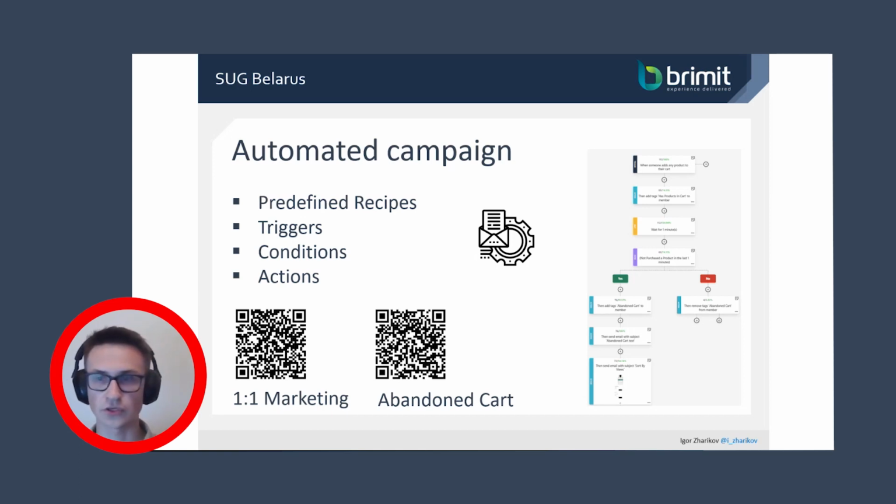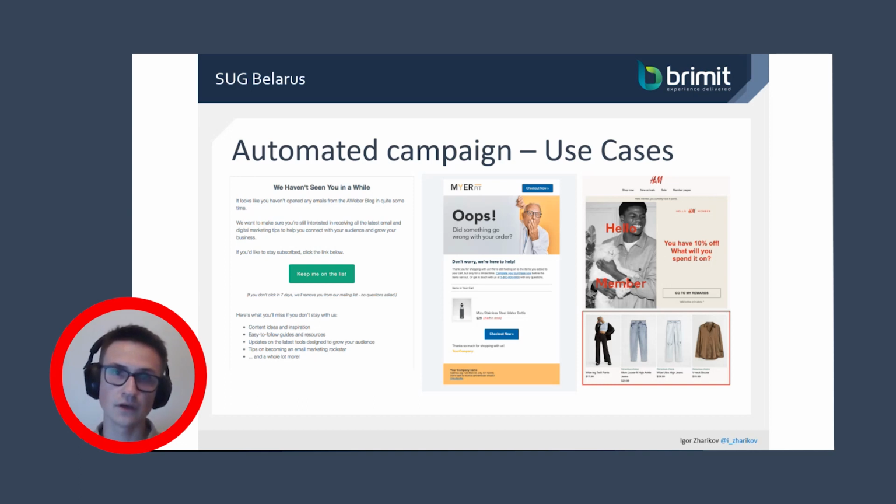So you can scan the QR code and check it if you're interested in more details here. Samples for automations where it can be used: for example, inform, reward, or engage subscribers, abandoned cart emails, or maybe some product recommendations.